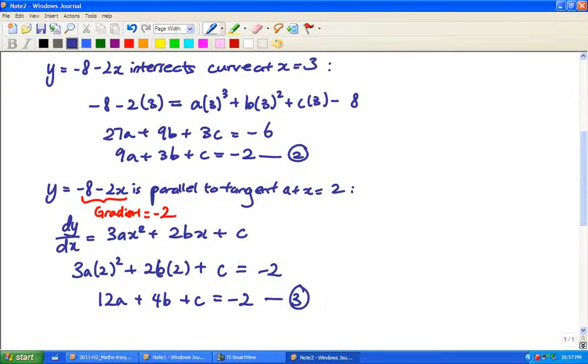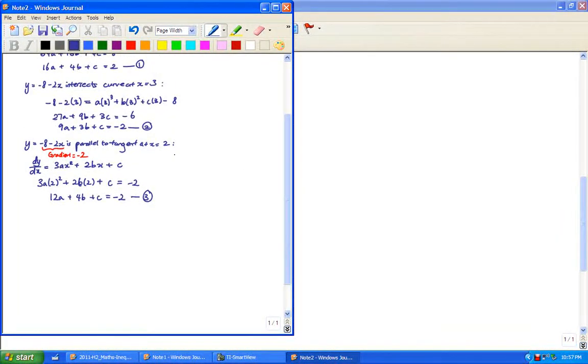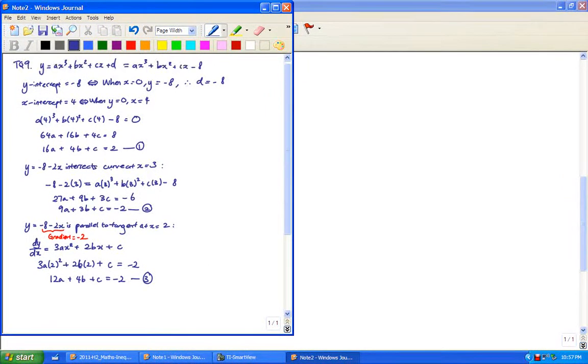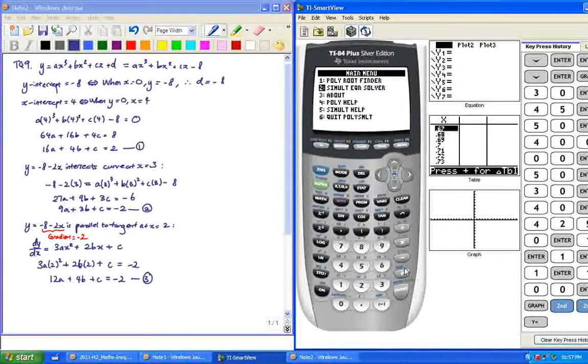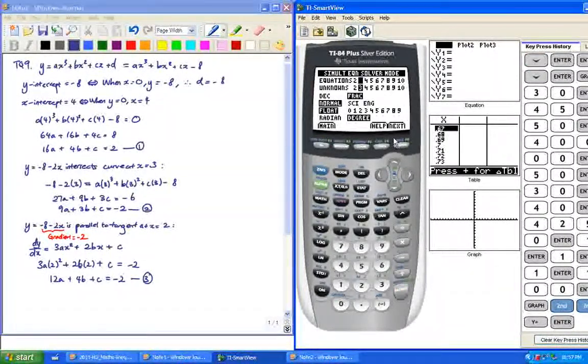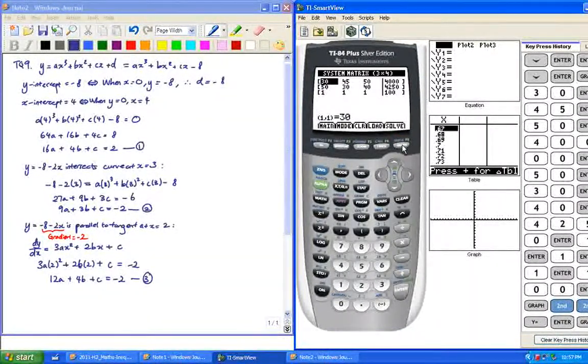Now again we use the GC to solve for our system of linear equations. Again go back to the application on polynomial. Right now I've already used the application from the previous question, so from here I just select main to go back to the original menu, and re-enter my number of equations, number of unknowns, and each of the entries in the array.